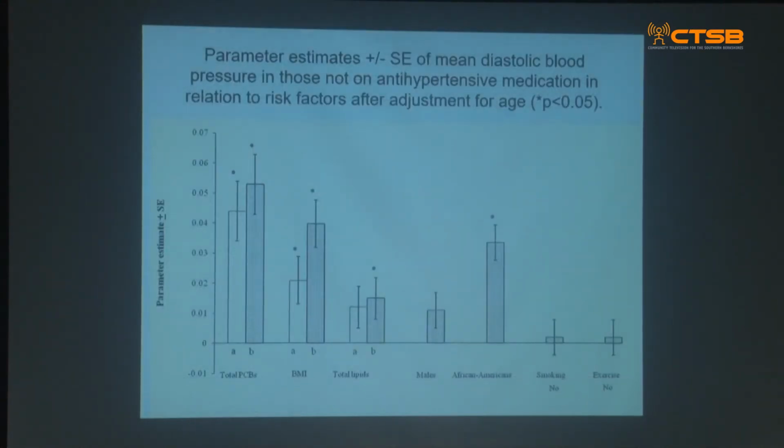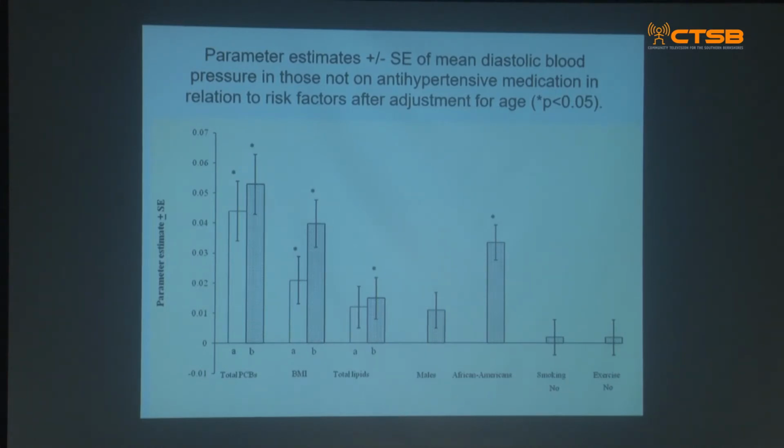And if you show that on a plot, this on the left is the ratio of high blood pressure by PCBs from the middle tertile and the highest tertile.